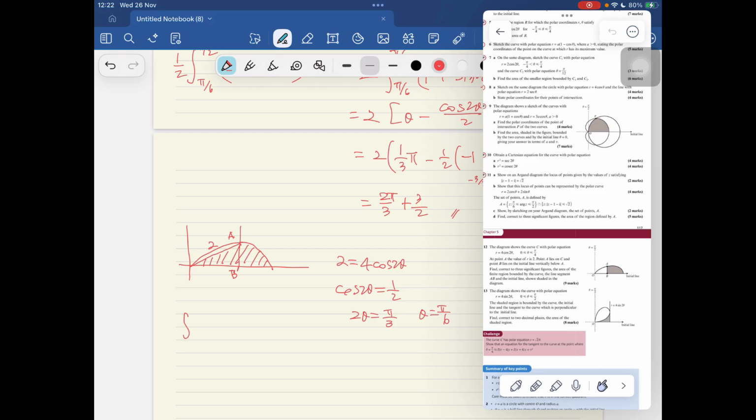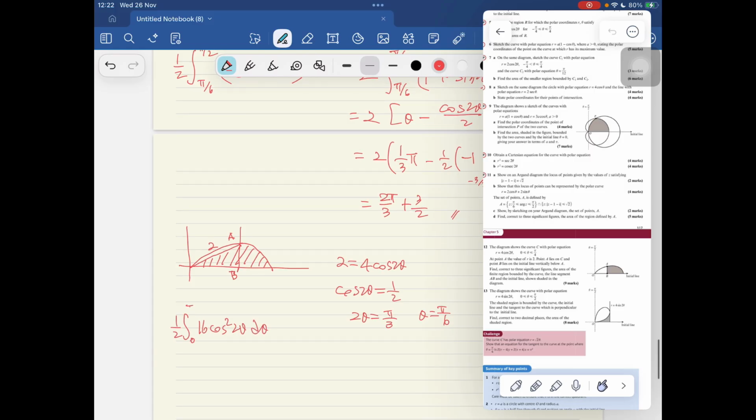Integral, half of 16 cos squared 2 theta d theta from 0 to pi over 6. Then the shaded area minus this one.